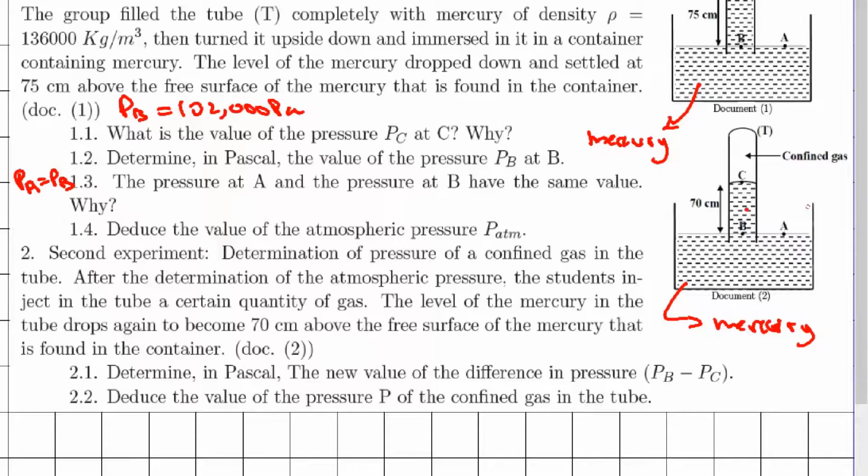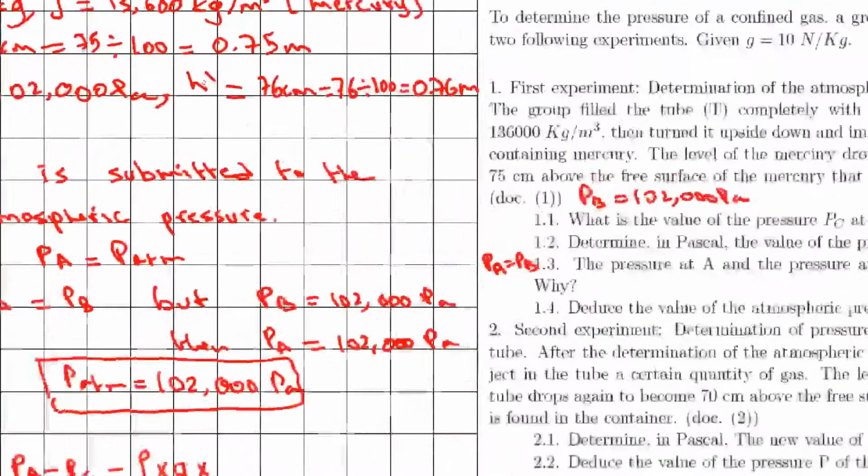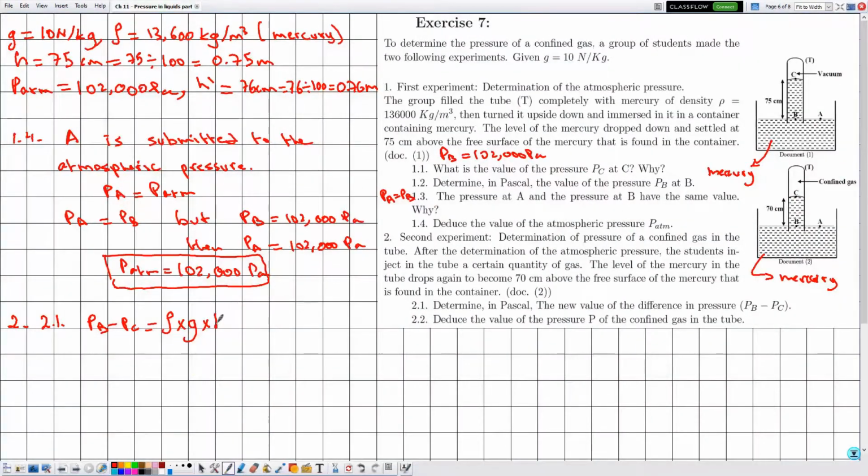H, which is the difference between the points B and C, is given by 70 centimeters, and it's denoted by H prime. Now the value of rho is given by 13,600. The value of G is given by 10, and the value of H prime is given by, sorry, this is not 76 centimeters, this is 70 centimeters. Sorry, I have made a mistake here.